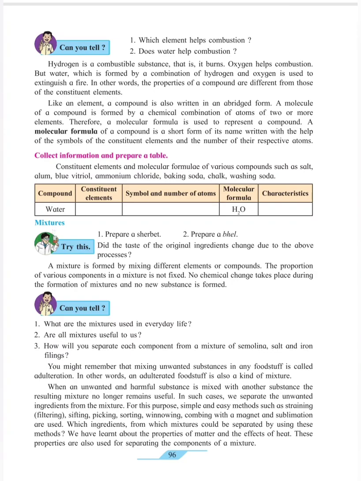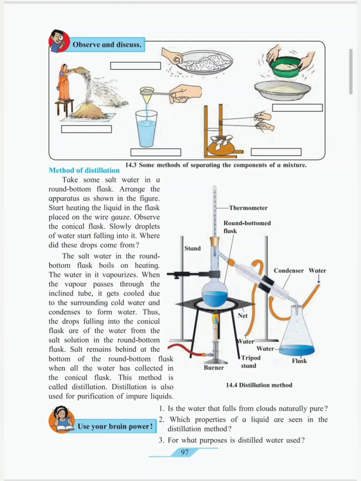Let us now first discuss the method of distillation. The method of distillation includes the two properties, evaporation and condensation, of the substance which is present in the round bottom flask. When heat is provided to it, the water gets evaporated.